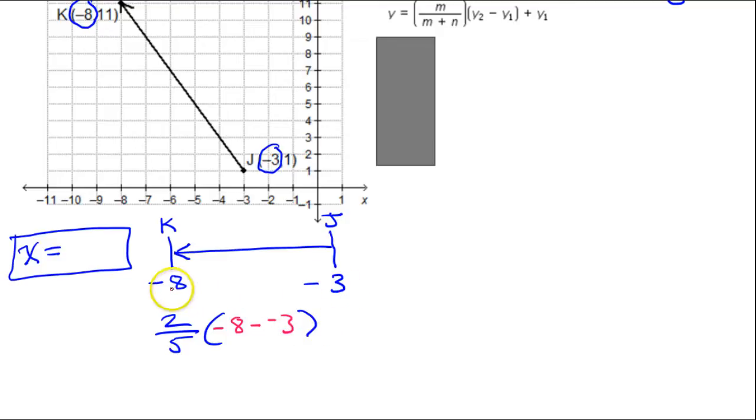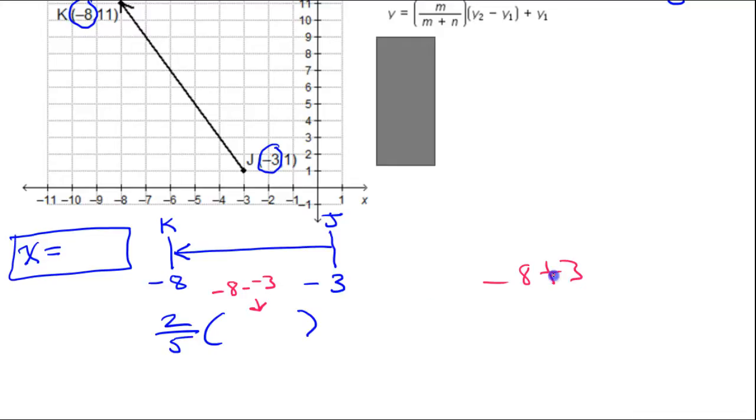It's got to be the second one minus the first one. I meant to do that off to the side, so I'm doing negative 8 minus negative 3, and in here I'm just going to put the result. I think that makes it more clear. Now, negative 8 minus negative 3, you know that's the same thing as negative 8 plus 3, right?